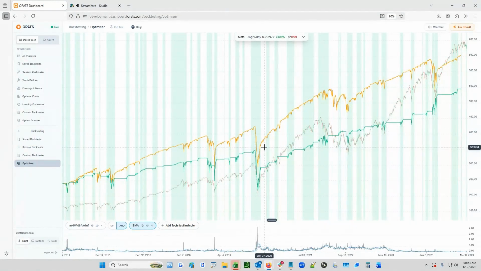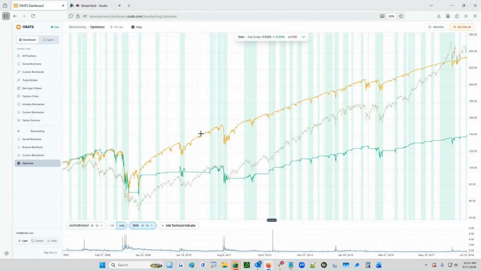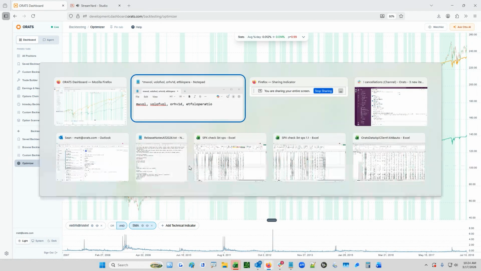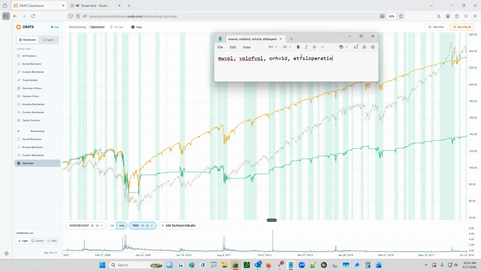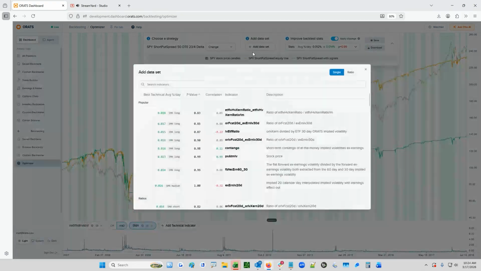So this is not a good one, right? You could go through and see on some of these crashes, it just doesn't perform. We're in it a lot of the time. It's very much not doing that well, even risk adjusted. So that's not a good one. Let's get rid of that one.